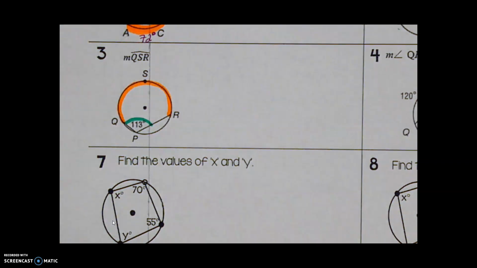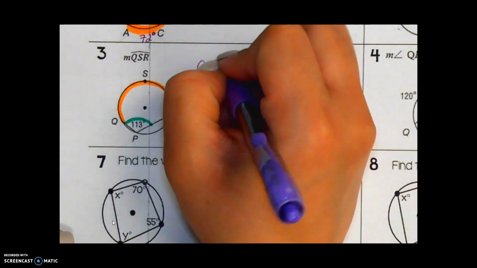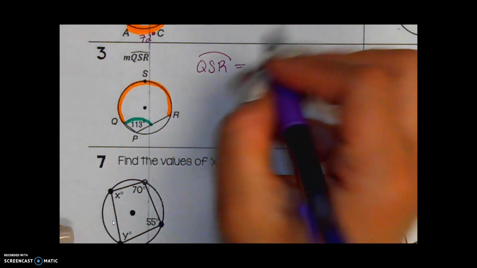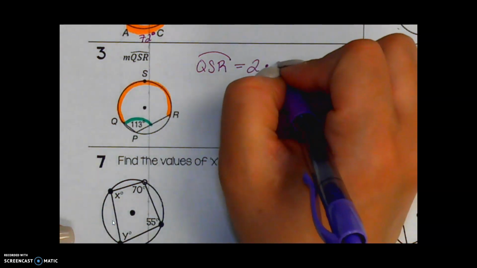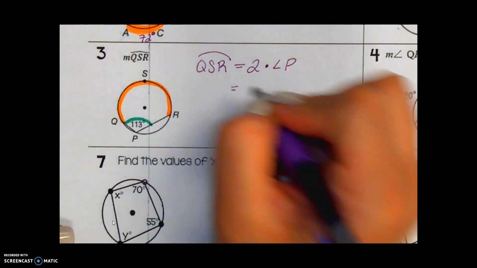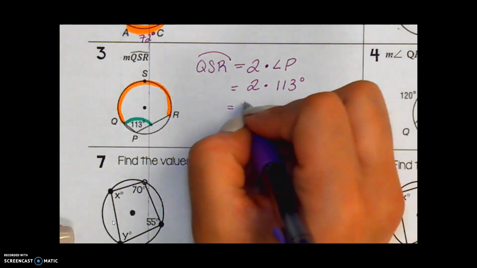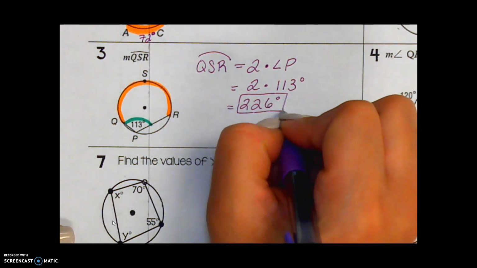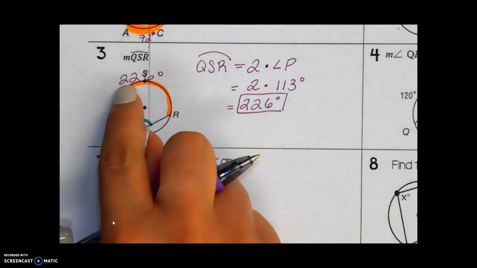Now remember, the arc is 2 times the size of the angle, so if I want to find arc QSR, it's going to be 2 times the inscribed angle, I can call that angle QPR, or I can just call it P. That's 2 times 113, and that is 226. So this angle on the outside would be 226 all the way around.